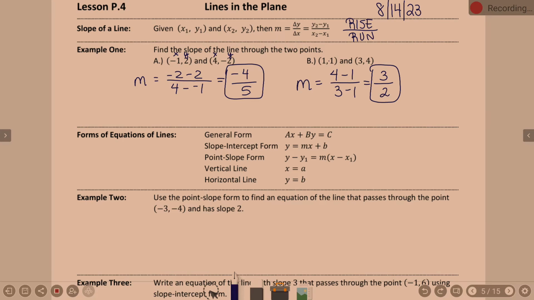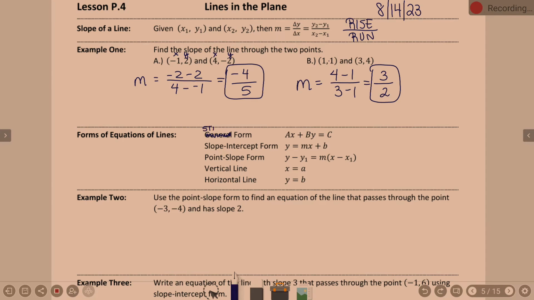This next section we have forms of equations of lines. General form, honestly, oh no. Man, oh man. What's happening? Oh, I typed it wrong. I just retyped these notes this year, so I'm going to be finding my own typos here.